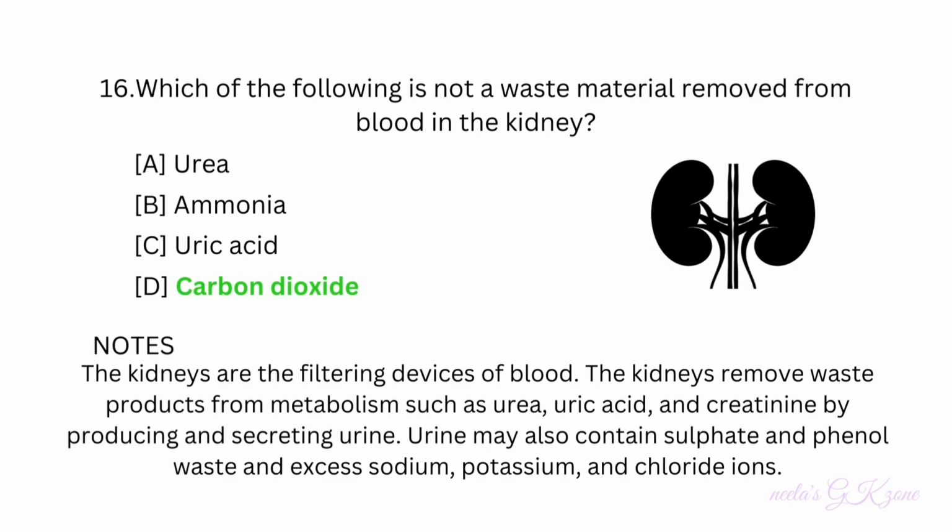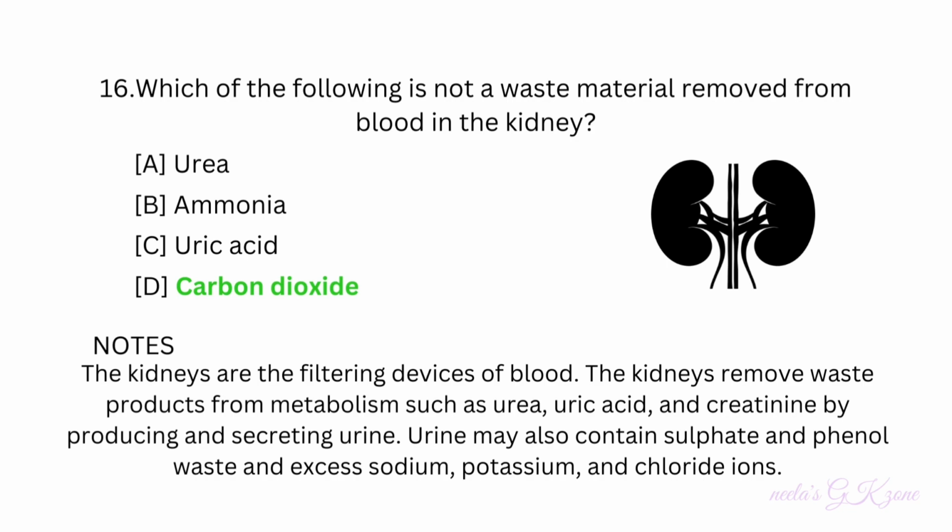The kidneys are the filtering devices of blood. The kidneys remove waste products from the metabolism, such as urea, uric acid, and creatinine, by producing and secreting urine. Urine may also contain sulfate and phenol waste and excess sodium, potassium, and chloride ions.